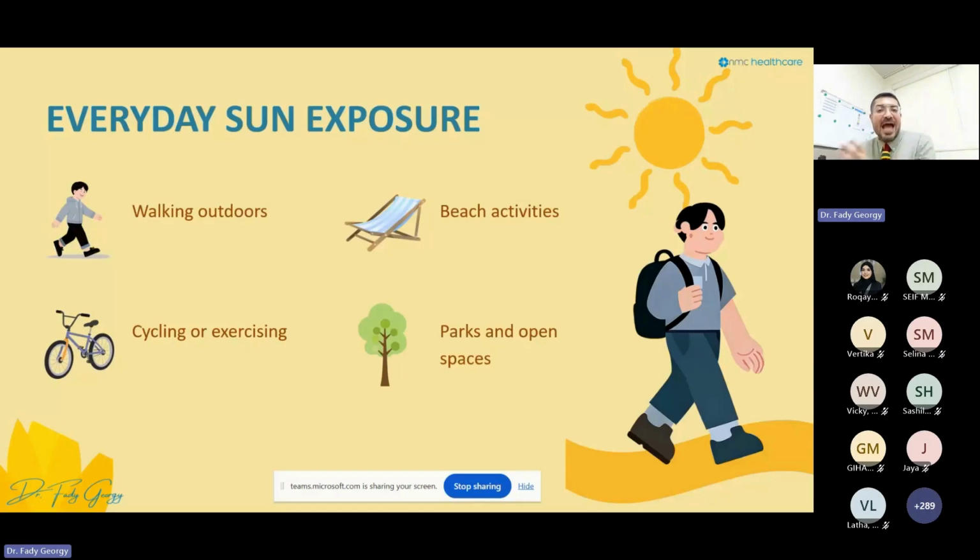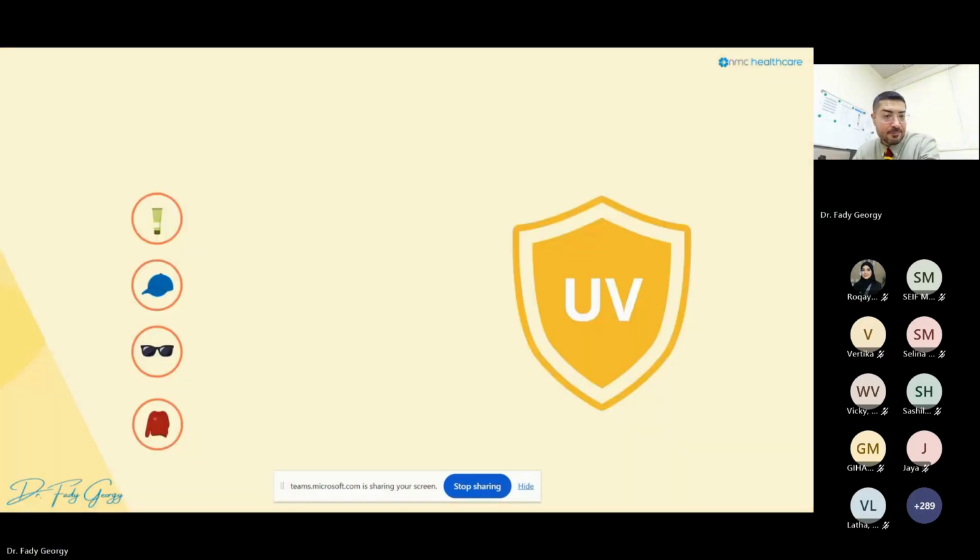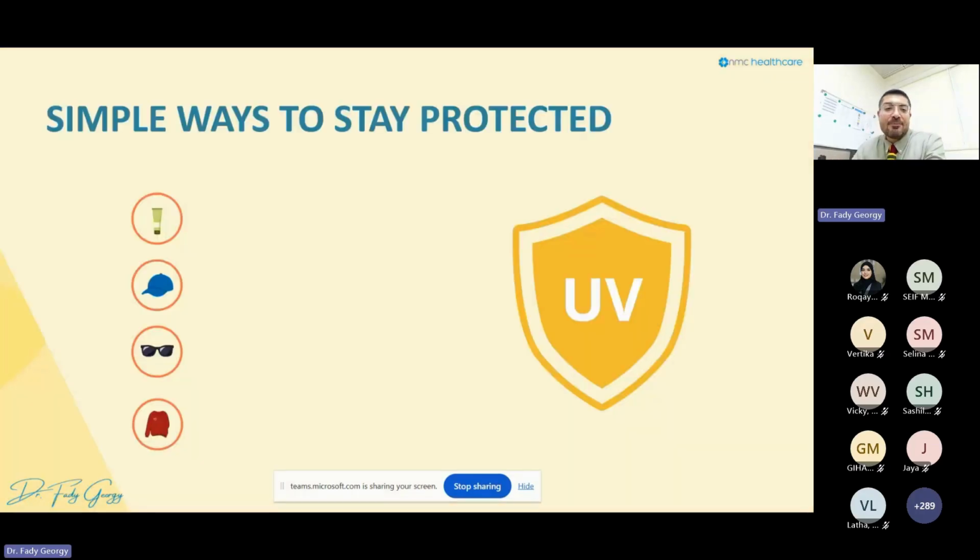Bit by bit, it tends to add up and cause chronic photoaging and chronic sun damage that can lead to other problems later on in life. Simple ways to stay protected are to properly apply sunscreen, wear a hat, use sunglasses, and always choose protective clothing.